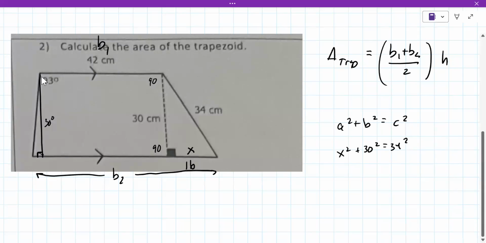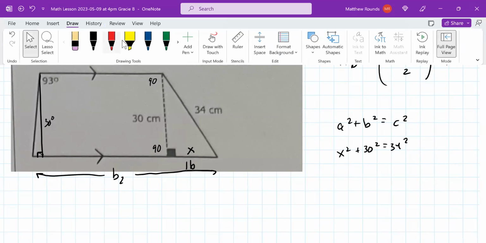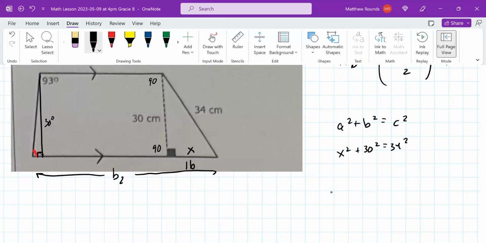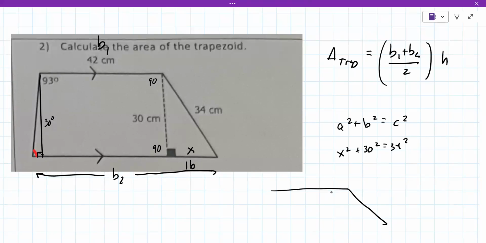Unfortunately, we've got to look at this triangle over here, and we really need an angle. We are probably best going to find this one here in the corner. I'm going to redraw the trapezoid here. To find this angle down here in the lower left, how are we going to do that?